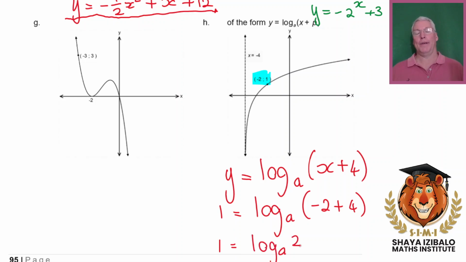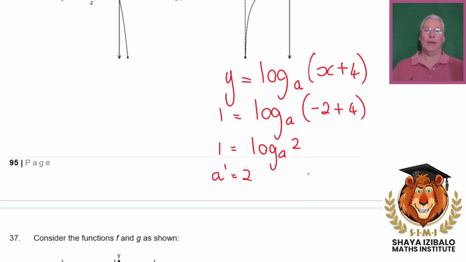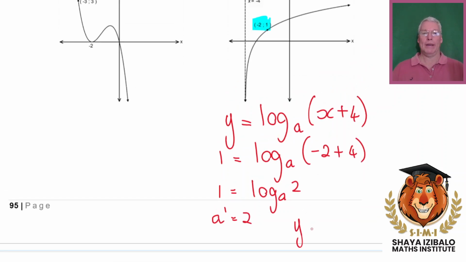And we want to find a. Let's take it out of log form into exponential form. So a to the 1 equals 2. Right, so we in fact know that the base is 2, and our final answer is y equals log base 2 of (x plus 4).